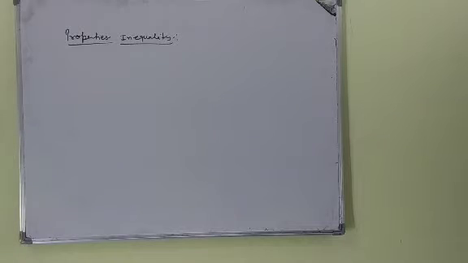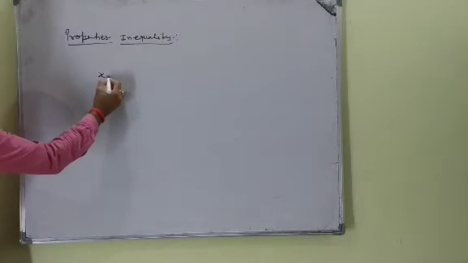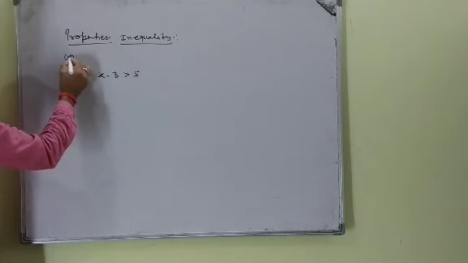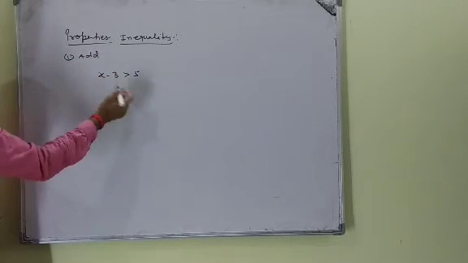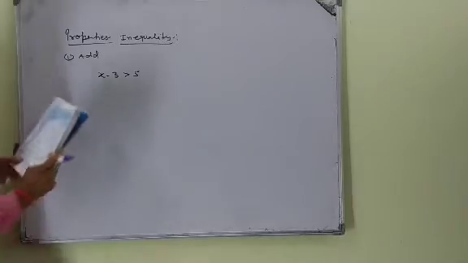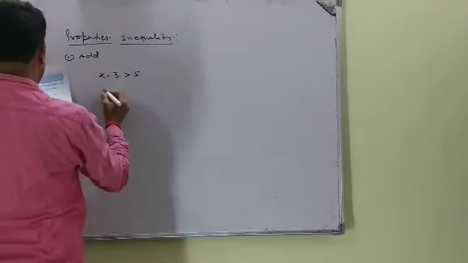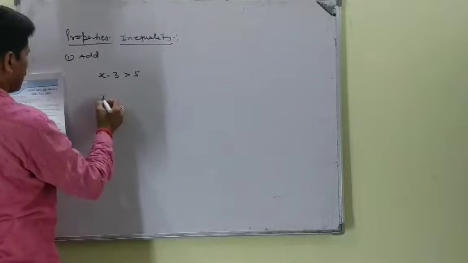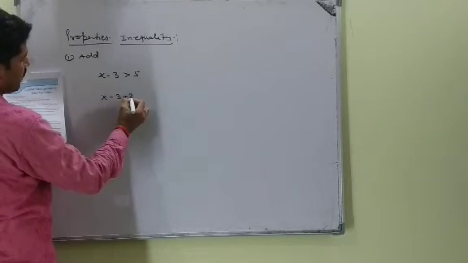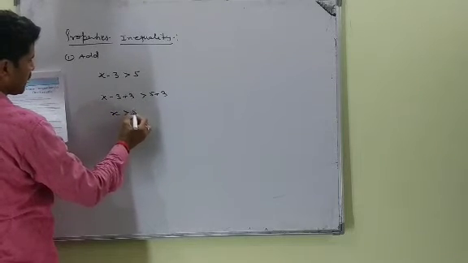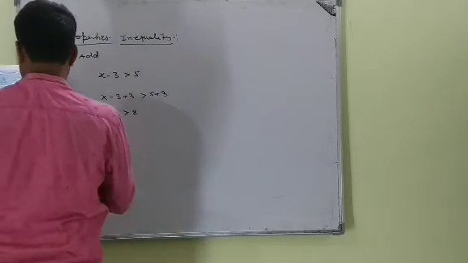For example, x minus 3 greater than 5. This is the addition property. Adding to or subtracting from both sides. Suppose I add 3 to both sides. Clear?